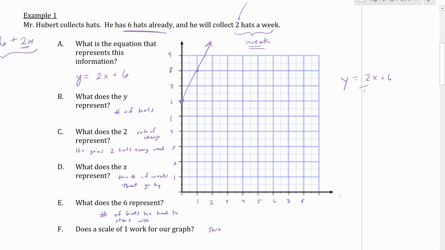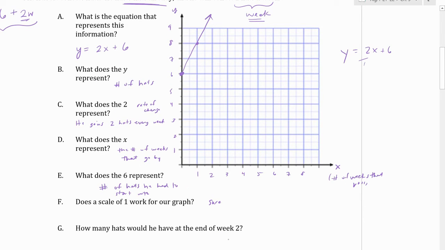So sure, talking in terms of 1 hat, 1 week, that works fine for our graph, because down here these are our x's, these are our y's. Our x's are the number of weeks that pass or go by, and this is the number of hats Mr. Hubert has. So how many hats would he have at the end of week 2?